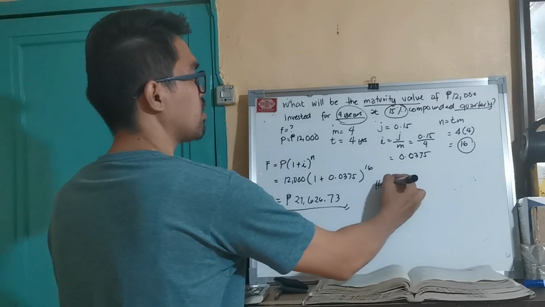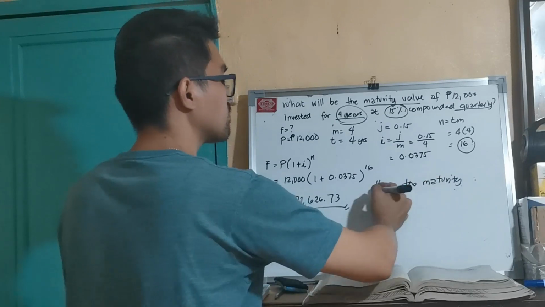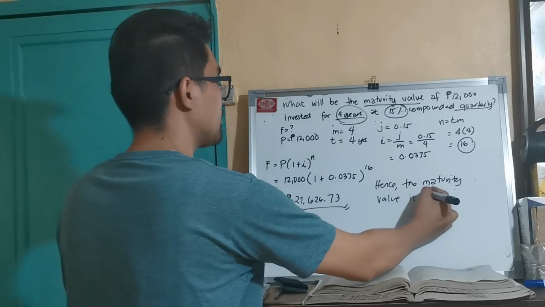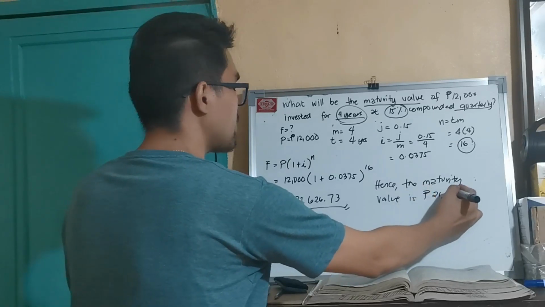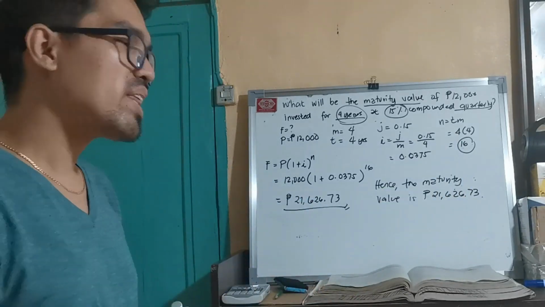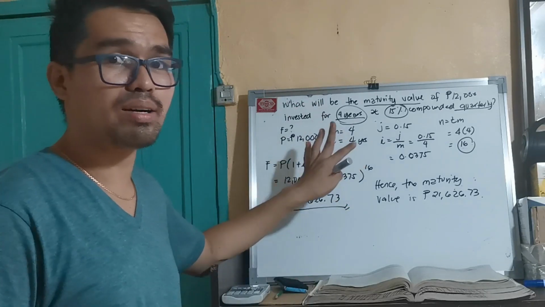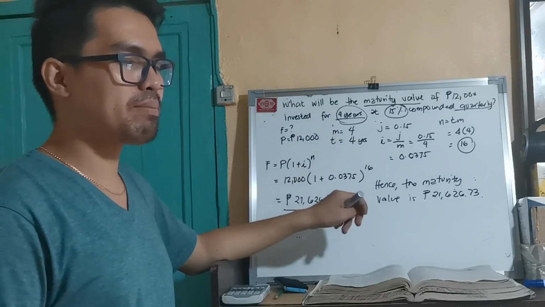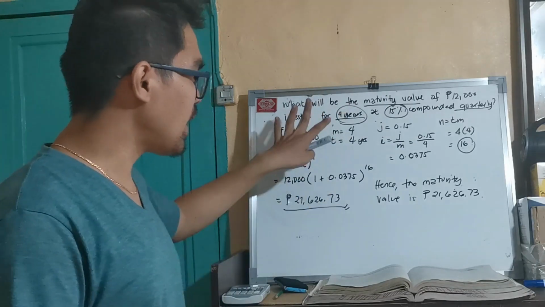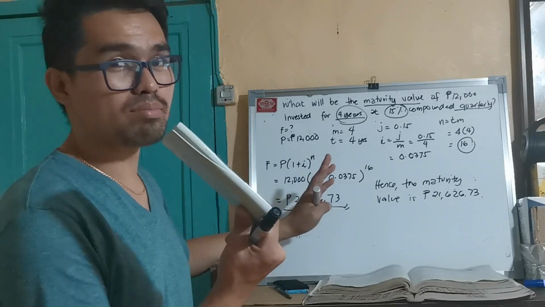Hence, the maturity value is 21,626.73 pesos. Okay? So the very thing that we have to master here is to know how to identify the variables as our givens, because once you have them clearly stated here, surely there's no problem with our substitution. And then your calculator will do the rest of the work.